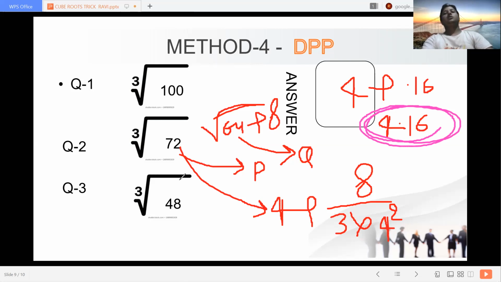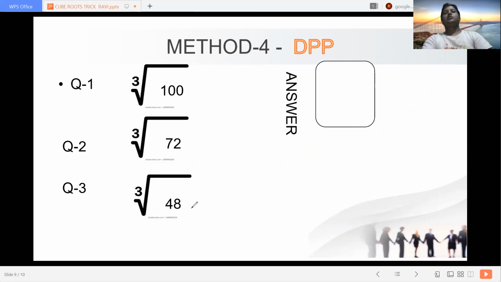In the same way, for the cube root of 48, 48 is nearer to 64.